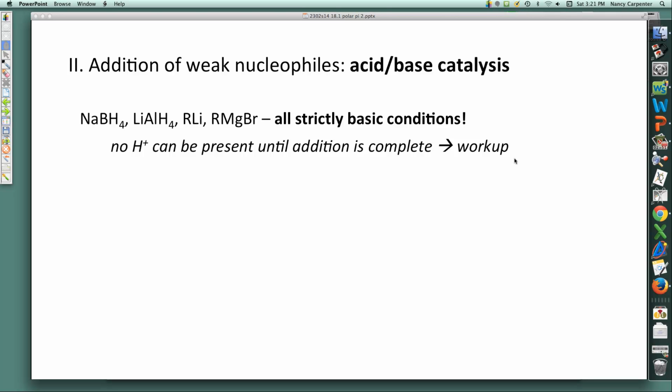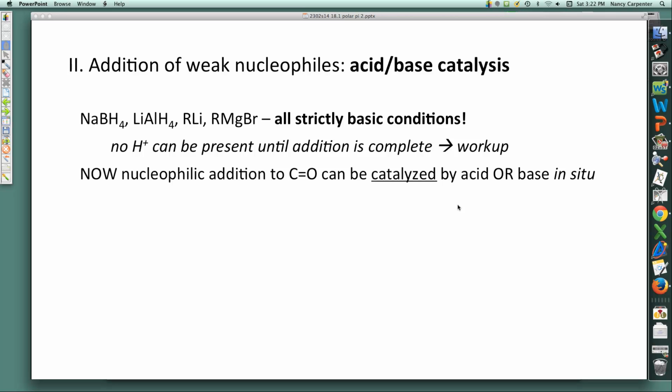You had to wait until the addition to the carbonyl was complete, and then you can add your acid workup. Now, these nucleophiles are sufficiently weak that we can actually have acid or base catalysis. So we can put the acid or the base in the beaker, that's what it means by in situ, in the beaker or flask at the same time as the carbonyl and the nucleophile, and that will enhance the rate of reaction.